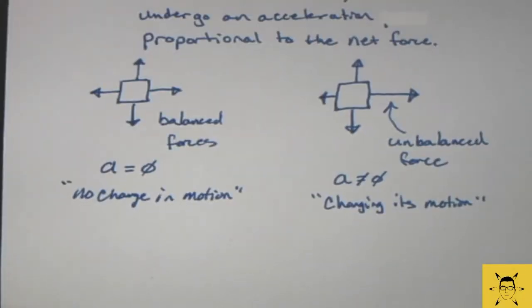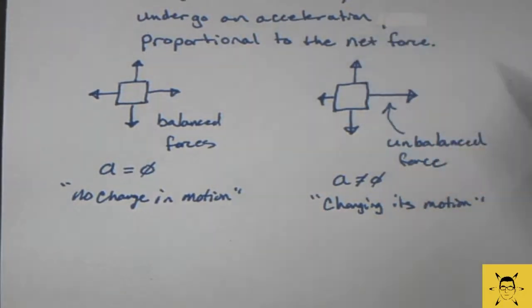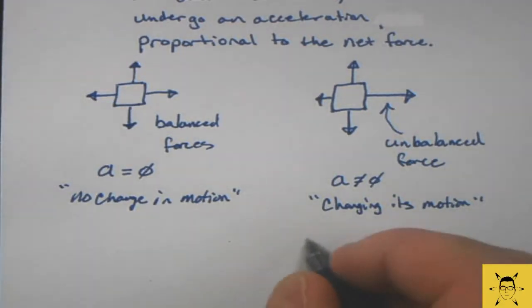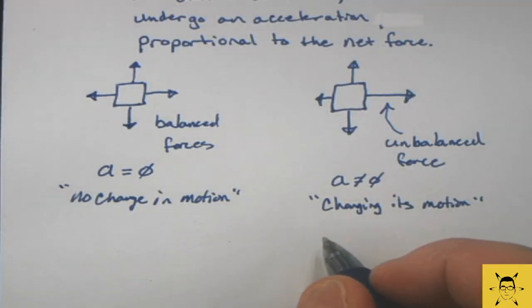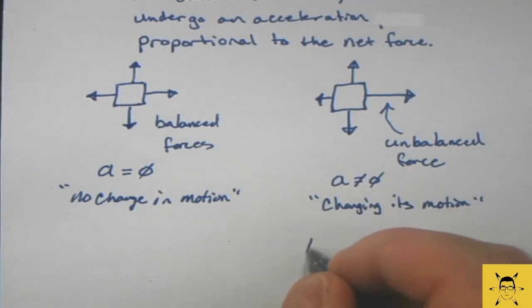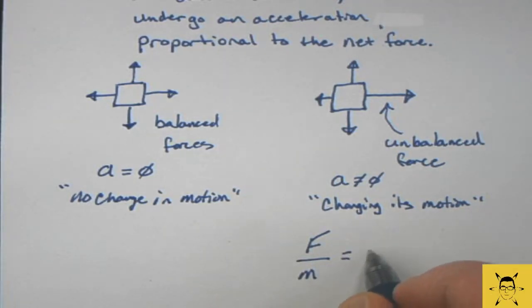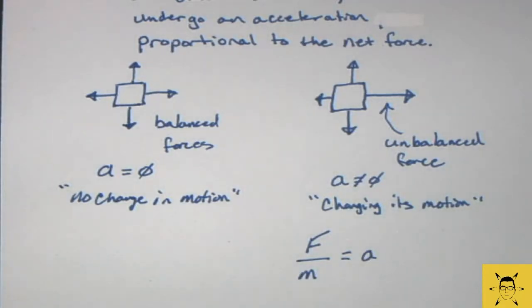And the equation that we mentioned, that is implied up here, that it will undergo an acceleration proportional to the net force, means this. And there's two ways of writing it. The way Newton wrote it, because he invented all this stuff, is that the force on an object divided by its mass equals its acceleration.